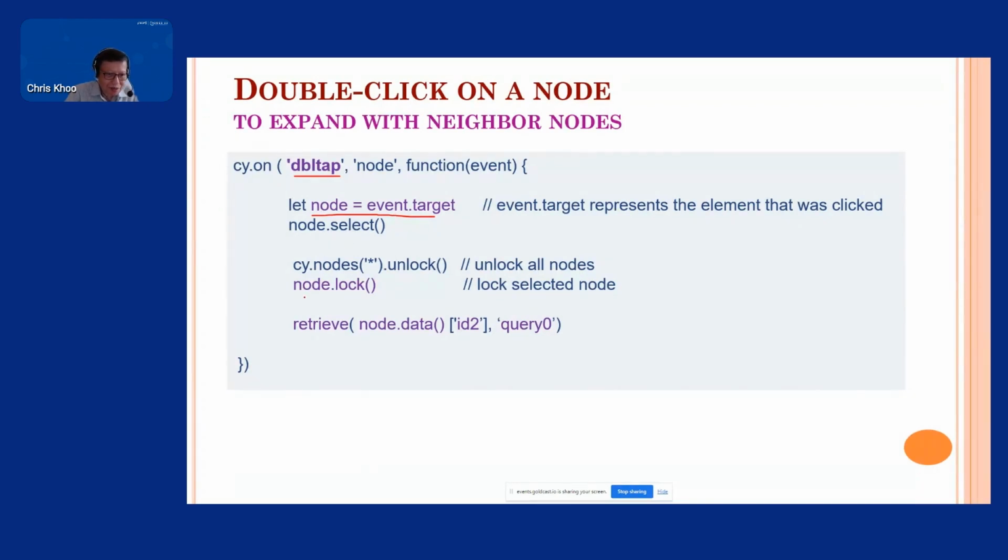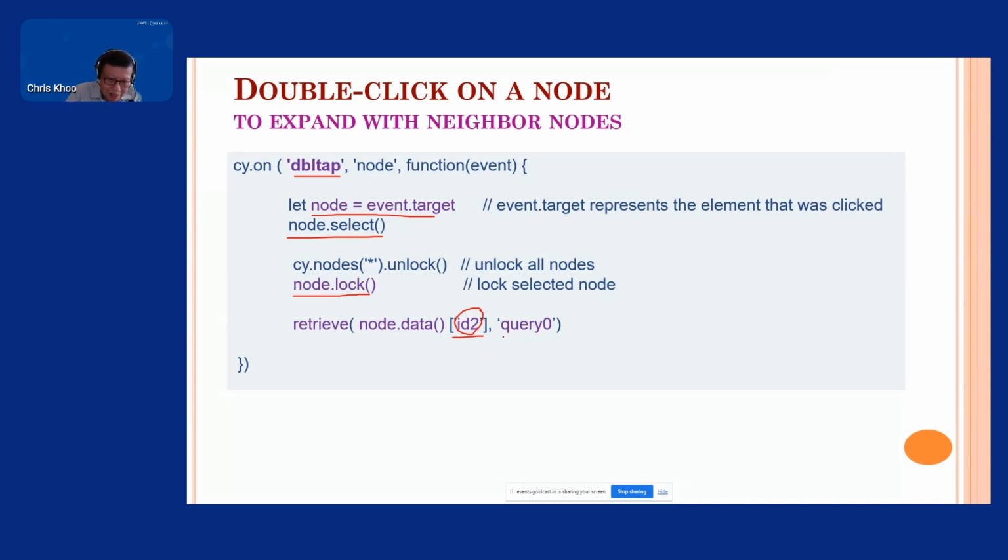Then I select the node, and then I lock the node, and then I send a retrieve command using the node ID. Note that this ID is not the Neo4j node ID. This is my own ID, which I then use as a query to Neo4j to retrieve neighboring or related nodes.